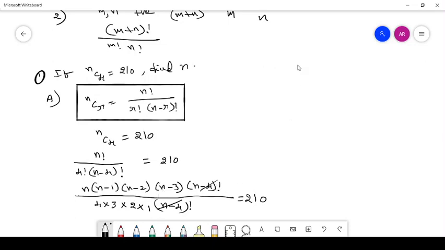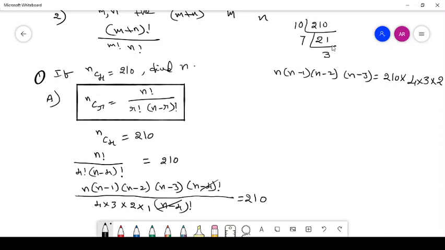Next, the remaining n into n minus 1 into n minus 2 into n minus 3 is equal to 10 into 4 into 3 into 2 into 1, by cross multiplication. Here, 210 by factorization: 10 2s are 20, 10 1s are 10. Next, 7 3s are 21.